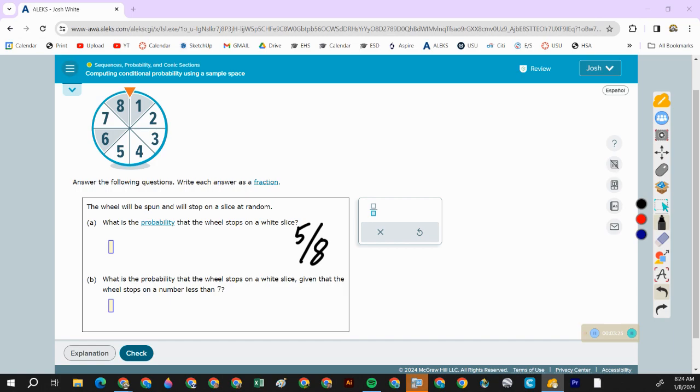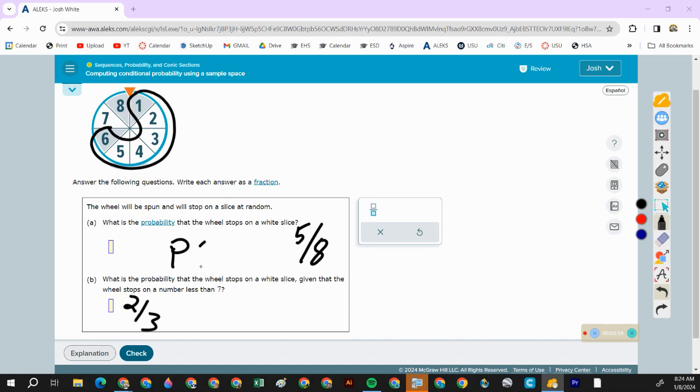What is the probability that the wheel stops on white, given that the wheel stops on a number less than 7? So I'm going to circle all the numbers less than 7. Does 7 count? Is 7 less than 7? No. So we're only looking at this group. What's the probability that we get white given a number less than 7? 4 out of 6, which is 2/3.